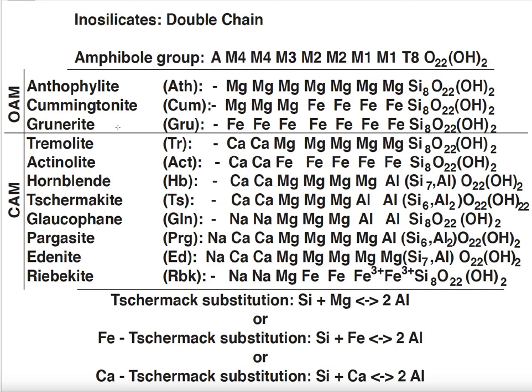We have now 2 aluminium on the octahedral side, and we are putting another aluminium again on the tetrahedral side and removing 1 silica.